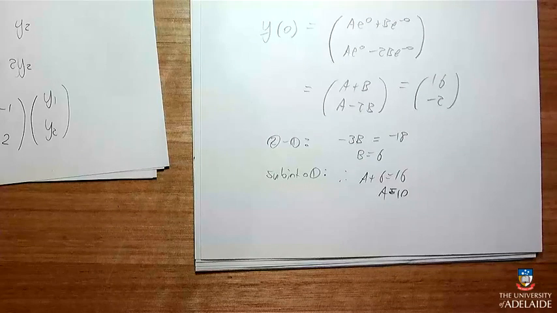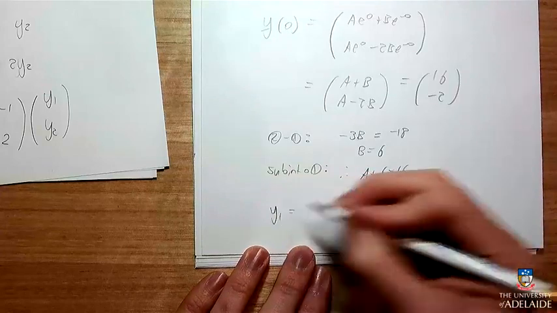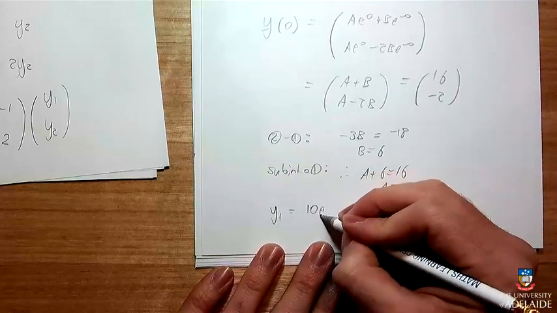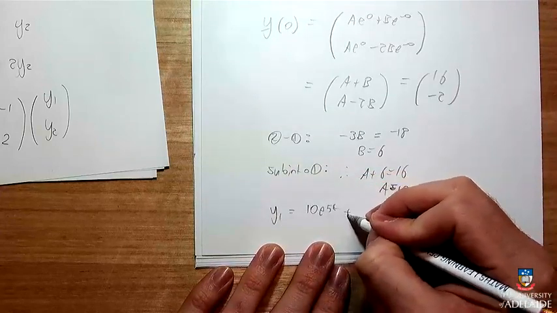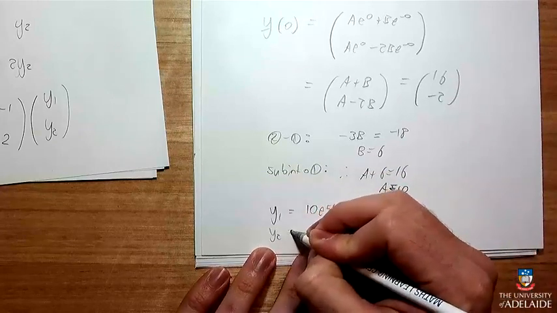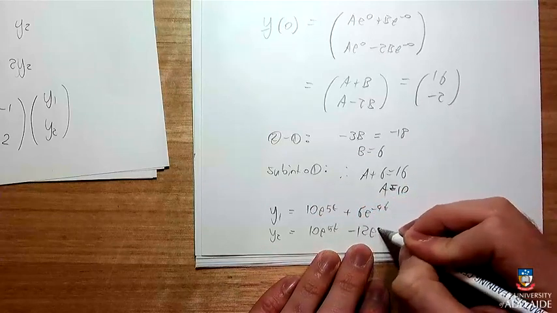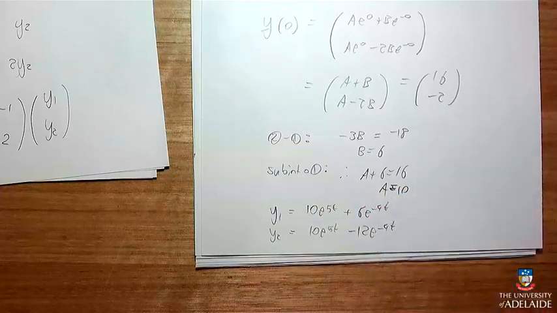Okay, so I get that actually the y1 is 10 e to the 5t plus 6 e to the minus 4t, and the y2 is 10 e to the 5t minus 2 times 6 e to the minus 4t, and that's my final answer.